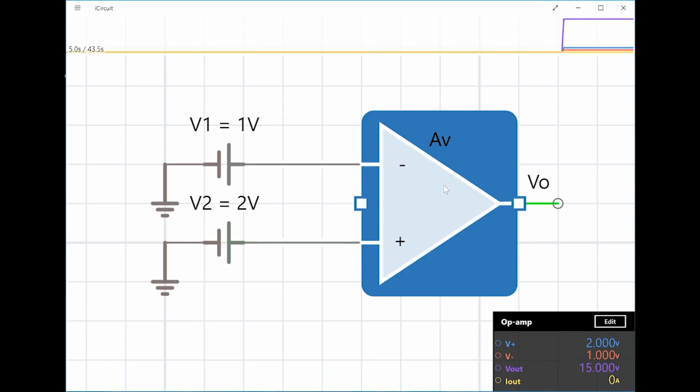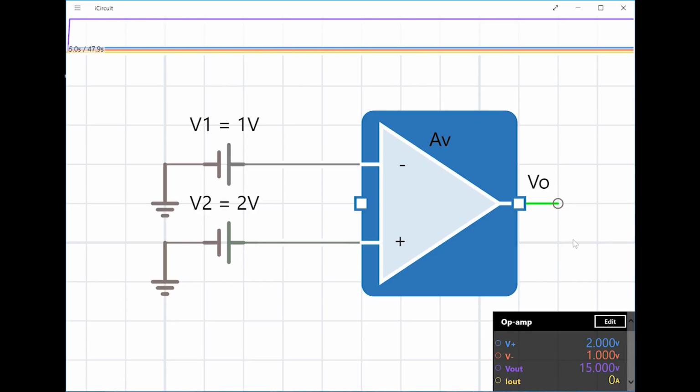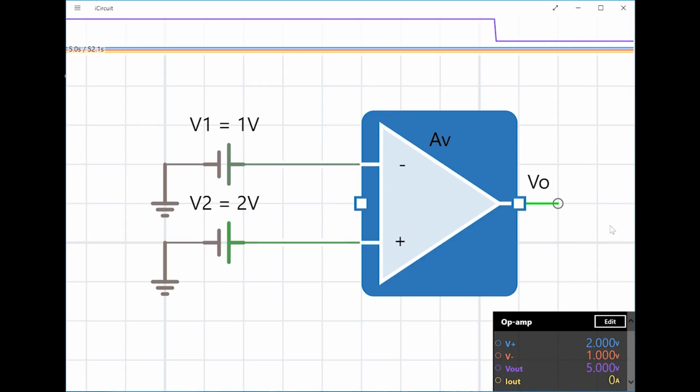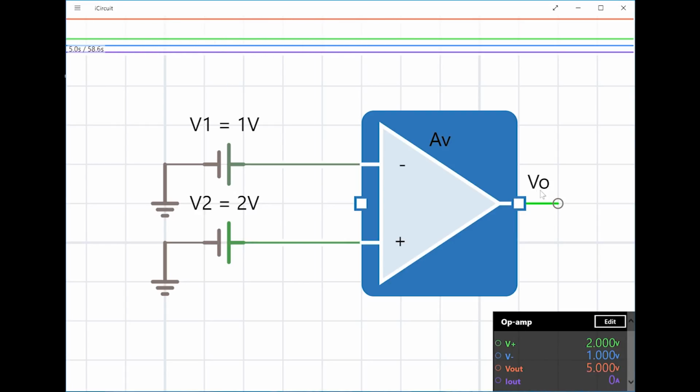So we get, so let me make this 0 as we have talked of. What we would get in this case is a positive voltage of 5 volts, which is represented as a green symbol over it being a positive value.